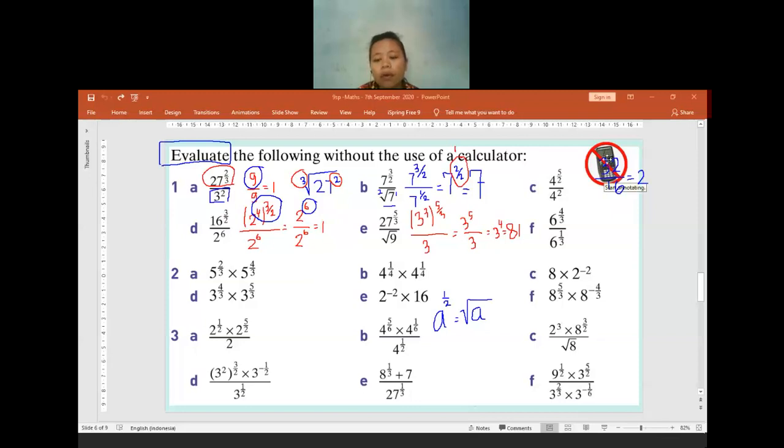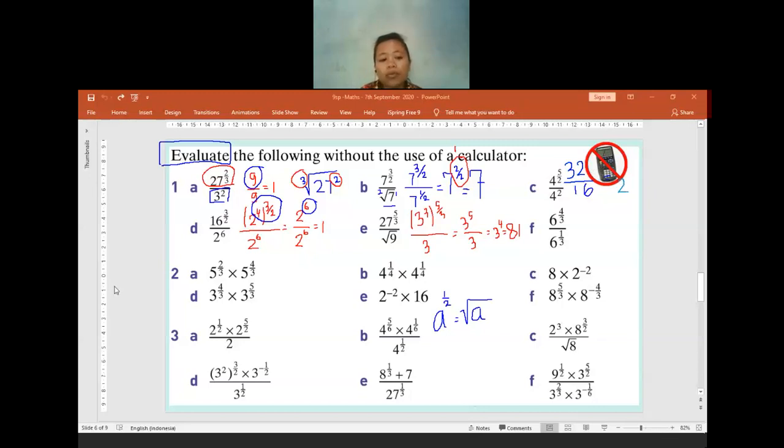For the question F in here, we have 6 to the power of 4 per 3 divided by 6 to the power of 1 per 3. When you see the base is already the same number, you don't have to change the fractional indices into a different whole number. You can directly use the index laws that you have learned.